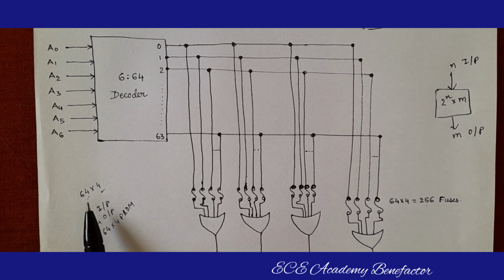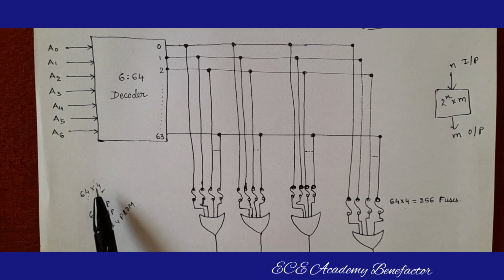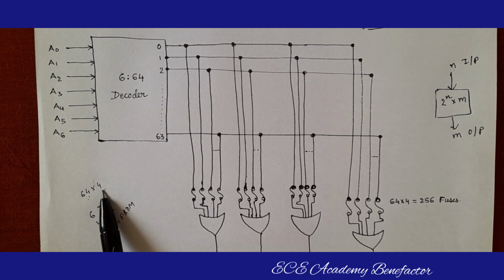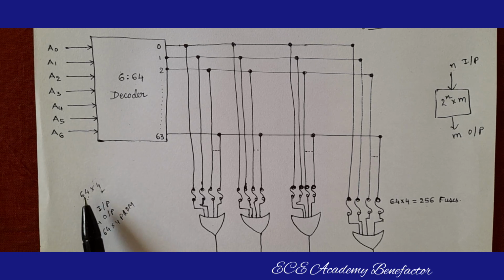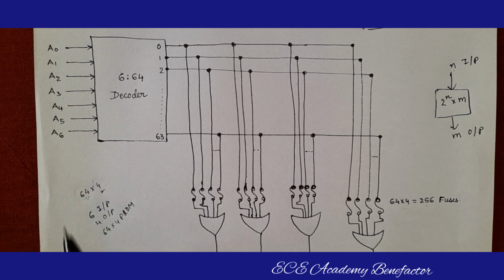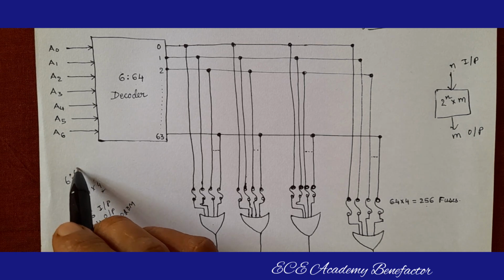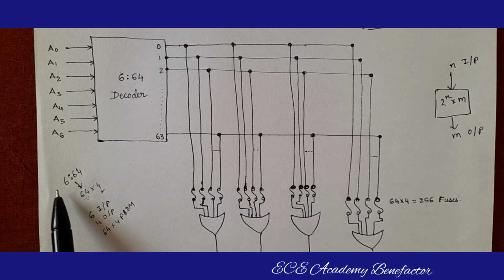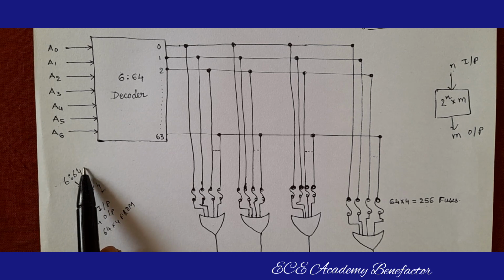We need to draw 64 cross 4. 64 cross 4 means 4 are the outputs. We need 4 OR gates. The outputs are F1, F2, F3, F4. And 64, how will we get it? By using a decoder. For this we need a 6:64 decoder. 6 input lines and 64 outputs of the decoder.